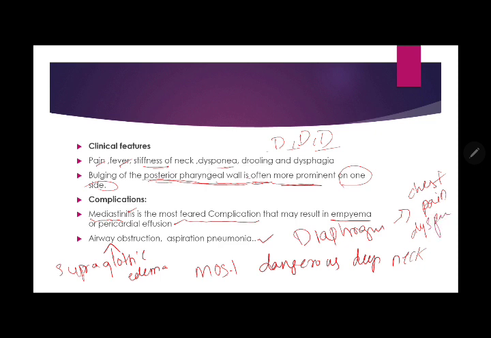We already discussed that dyspnea is a clinical presentation, and when the infection spreads down to the level of the diaphragm, chest pain is seen. So these are the complications of the retropharyngeal space.